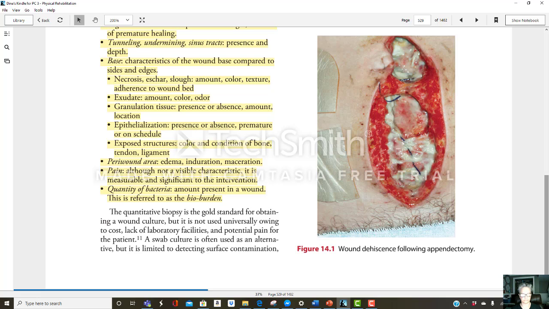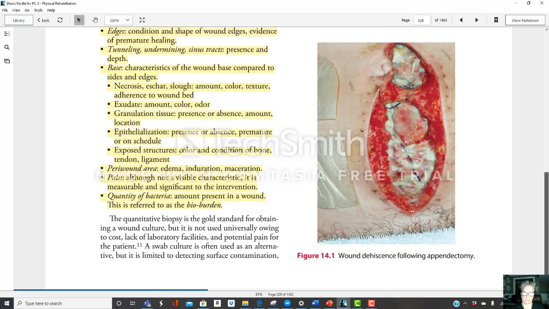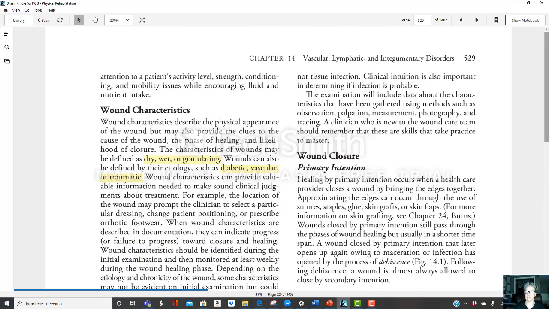A swab culture is often used as an alternative, but it is limited to detecting surface contamination, not tissue infection. Clinical intuition is also important in determining if infection is probable.